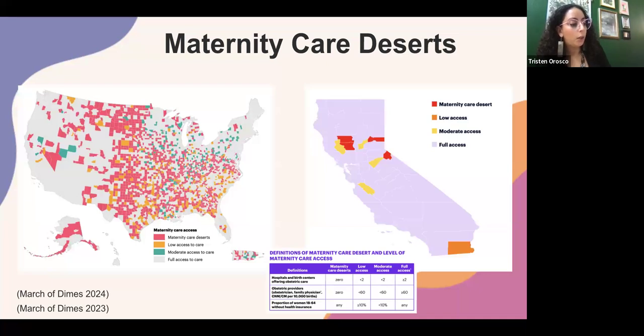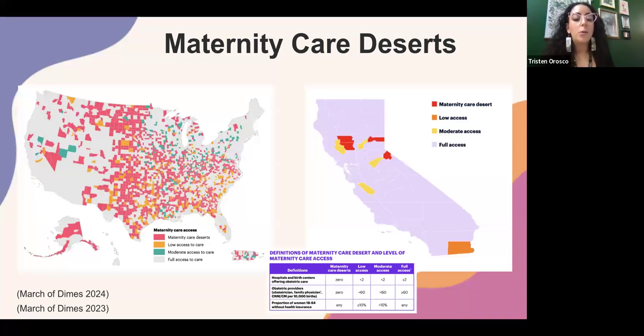More than 2.3 million people of reproductive age live within these areas. Over half of the counties in the US do not have a hospital that provides obstetric care. And in 2021 to 2022, approximately 1 in 25 obstetric units closed nationwide.